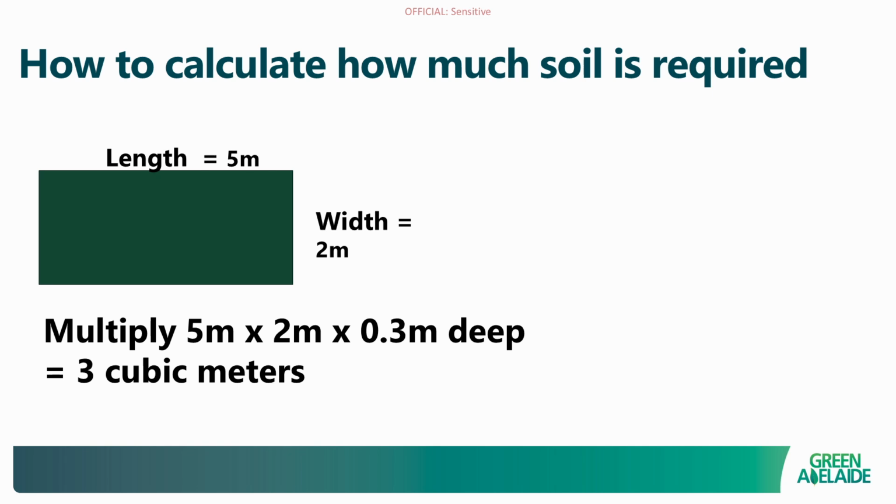But going back to our Google Earth example earlier, obviously we showed you how to work out the area, irrespective of whether your site had straight edges or had curved edges. You can use that area, obviously then times that by the depth of soil or mulch that you need, and that'll give you your answer in cubic meters. So obviously then you can use that to order how much you need, and also that information will be required to be entered into our grant application form.